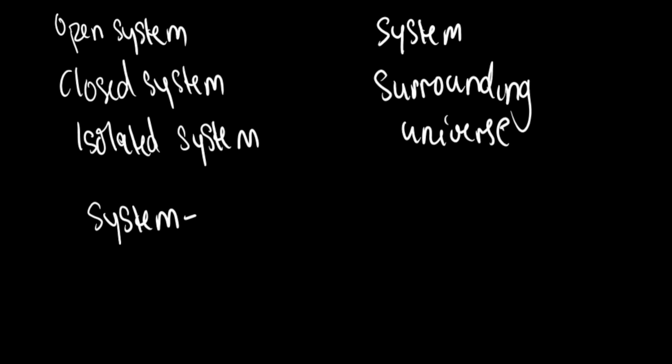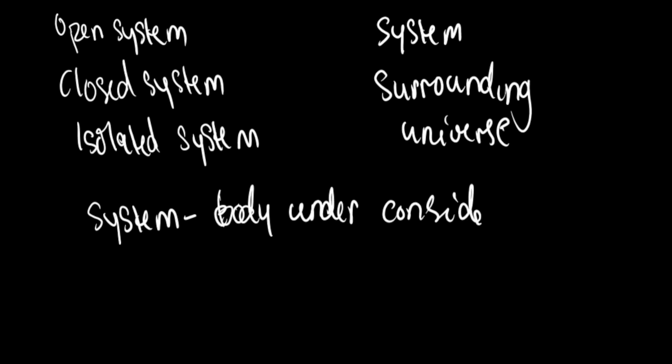A system is that body that is under consideration. Okay, so it's basically the body that is under consideration. Now, body under consideration simply means that it's the body that we are studying. So a system could be a test tube, with certain reactions going on in such a test tube.